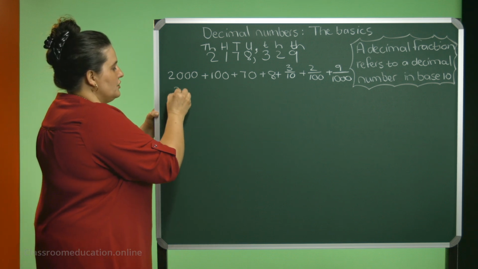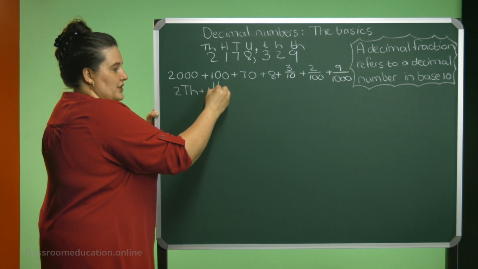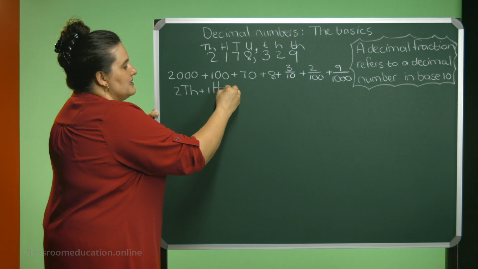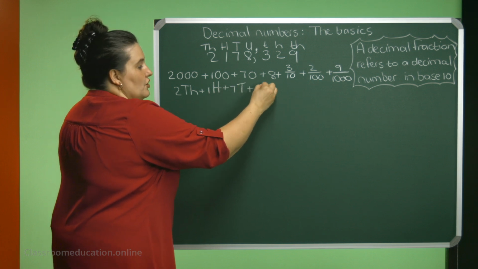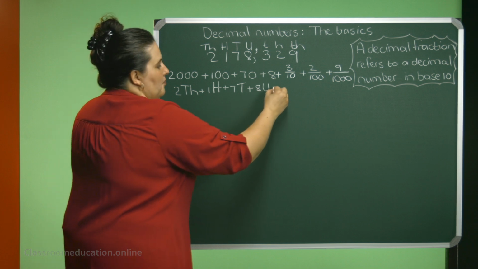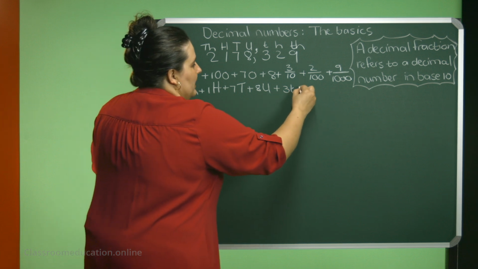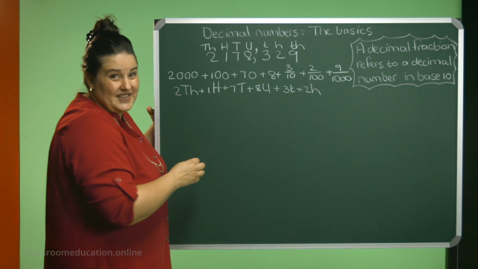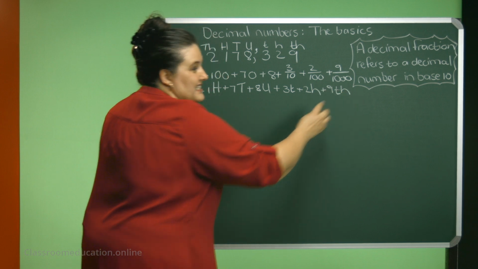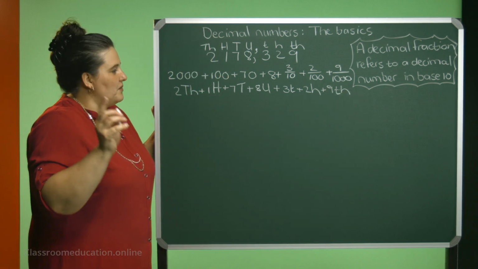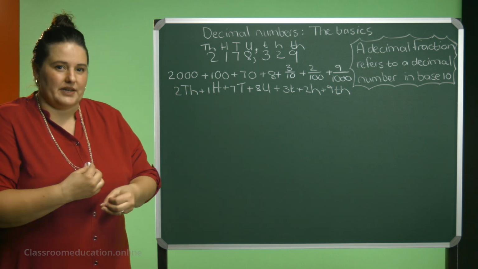I can say 2000 plus 100 plus 70 plus 8 units plus 3/10ths plus 2/100ths plus 9/1000ths. Okay, now we can also compare decimal numbers with one another.